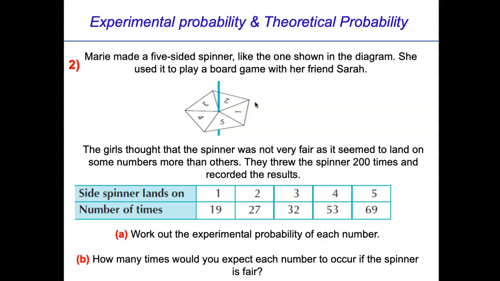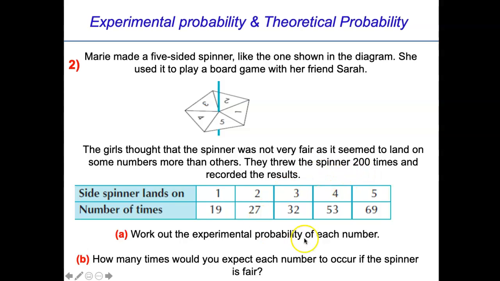So the girls thought that the spinner was not fair, so they did an experiment because it seemed like some numbers came out more frequently than others, and it's very noticeable because if you can see, the spinner is divided into 5, and they look like they have the same portion. The area of where the numbers are written looks equal. They look equal. So they turned the spinner 200 times and recorded the results.